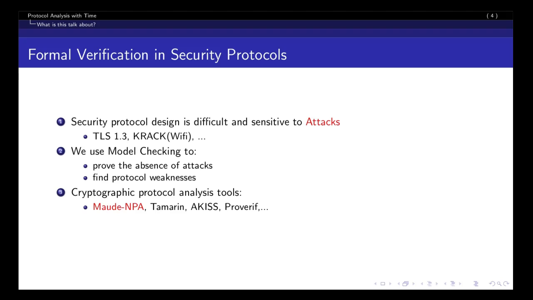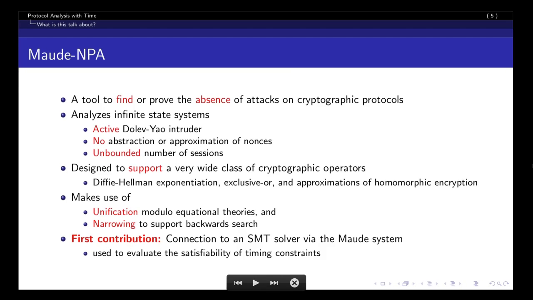And for that, we have several analysis tools for the verification of security protocols: Maude-NPA, Tamarin, and others. We are going to use Maude-NPA for this research. Maude-NPA has the capability of a model checker.